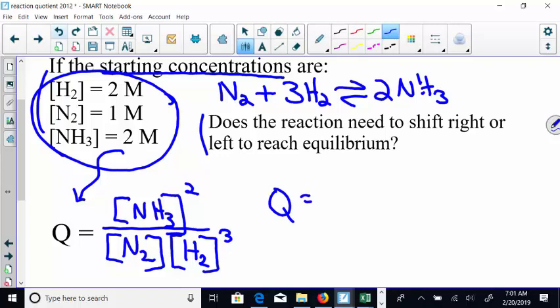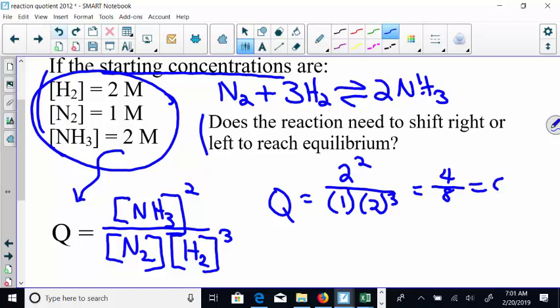So the NH3 would be 2 squared all over N2 is 1 times 2 cubed. So simple math, 4 divided by 8 means that our reaction quotient is 0.5. So in this case, Q is 0.5.